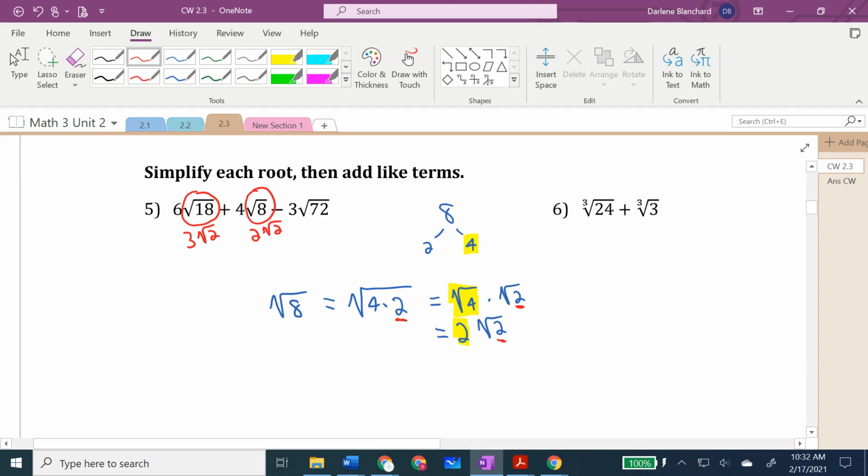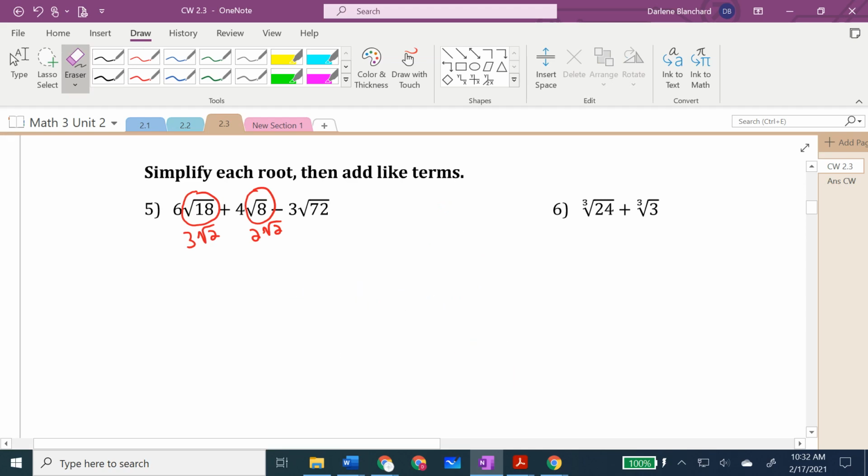And then I'm going to look at my third square root, the square root of 72. I'm going to erase the work I have. Let me know if you need me to pause. And I'm erasing. So square root of 72 is the last one I need to look at.